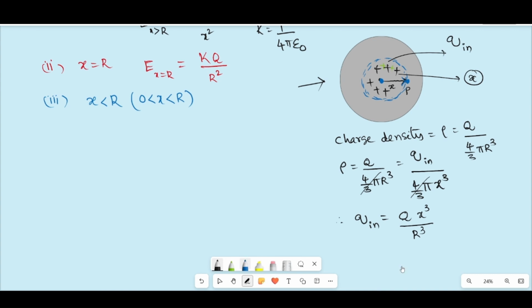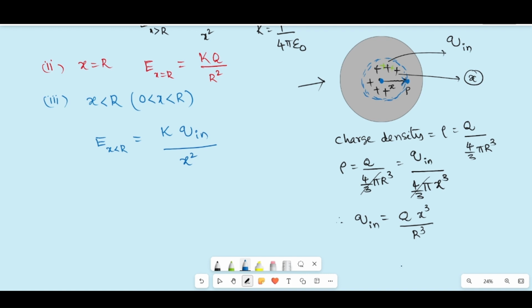So therefore the electric field intensity inside is equal to k q inside divided by distance square. There also it is a sphere having some charge, and we can assume the total charge at the center and at a distance x we are measuring.